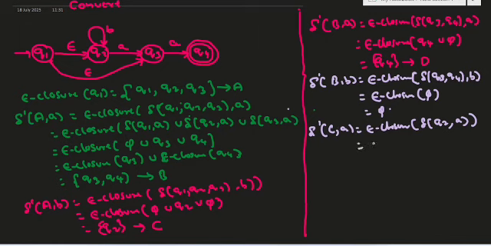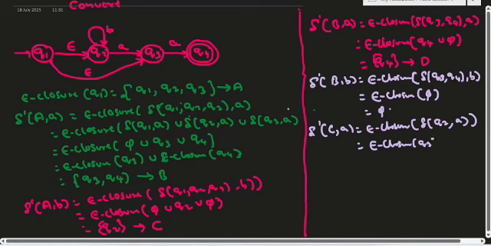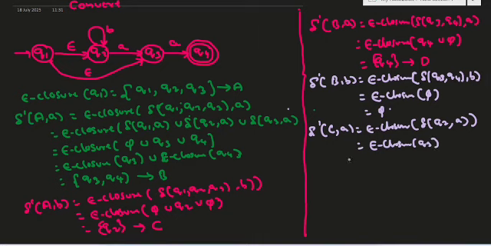So we will get epsilon closure of Q3, which results in Q3 itself. So the answer is Q3.